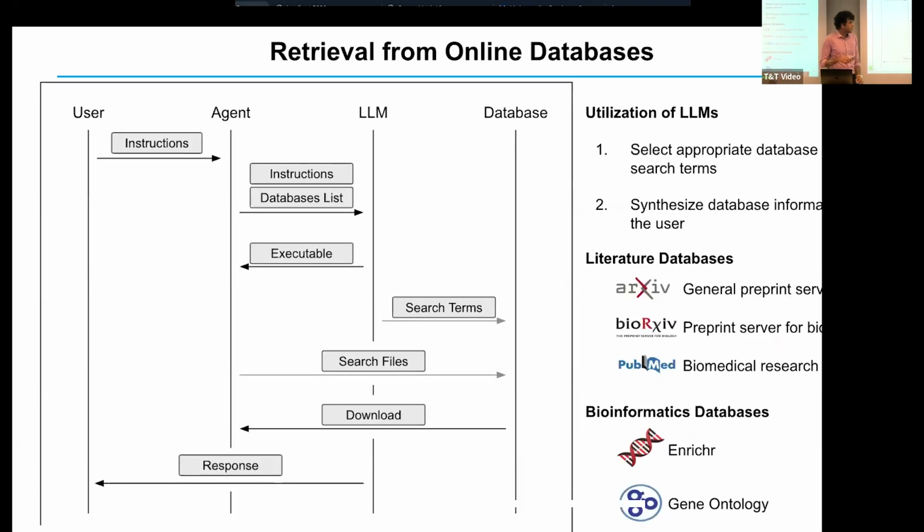And here, this is one of the parts of the tool where we go and fetch data from online services. The agent has access to Enrichr and other literature databases like arXiv, bioRxiv, and everything. And here we'll use it. You give the instruction as a prompt to the AI agent, and the agent goes in, looks at all the databases that it has, and decides which tool to use.